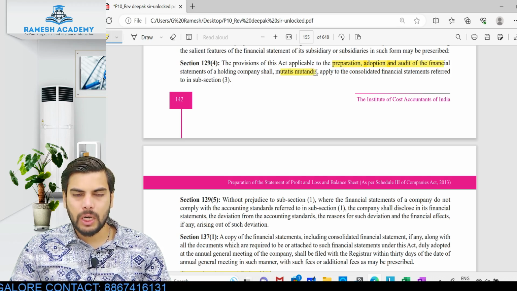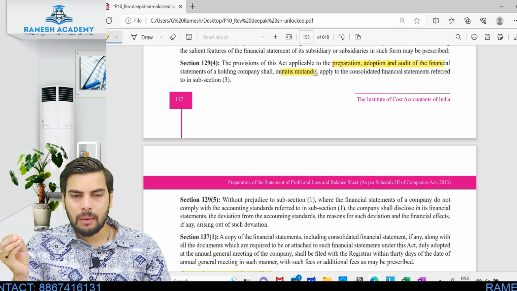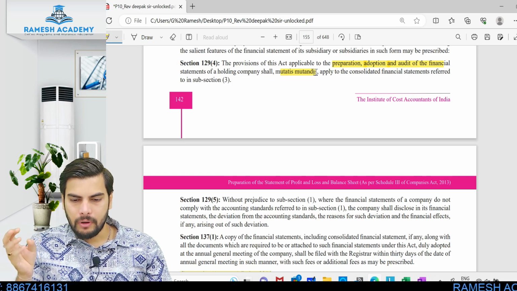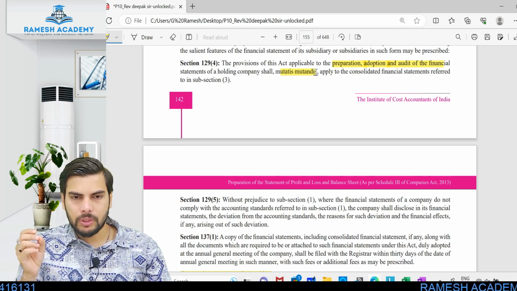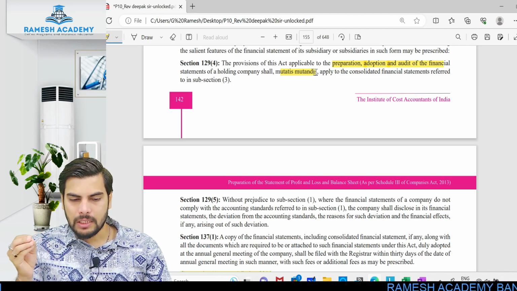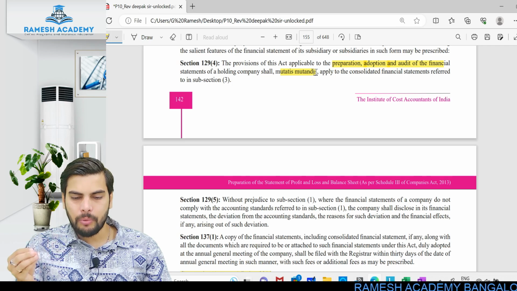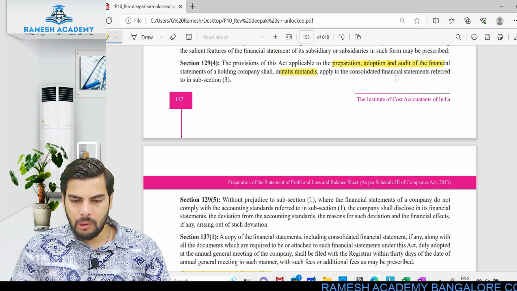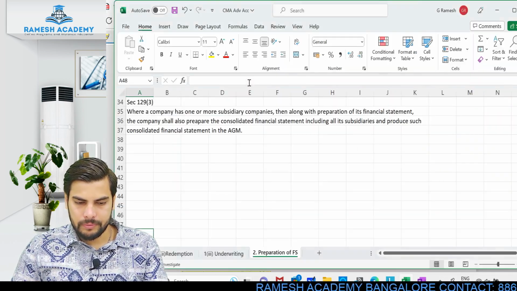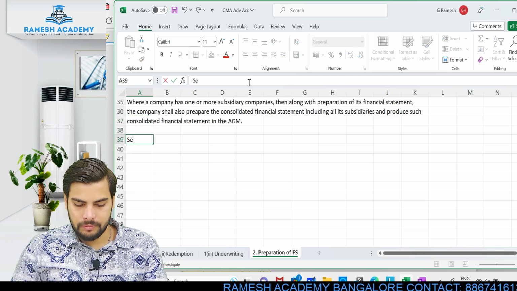Mutatis mutandis is as good as ditto. Whatever provisions are applicable for audit, preparation or adoption of the financial statement of the holding company, the same provisions in exactly the same way shall also apply for the consolidated financial statement. So I'll just write this particular provision.